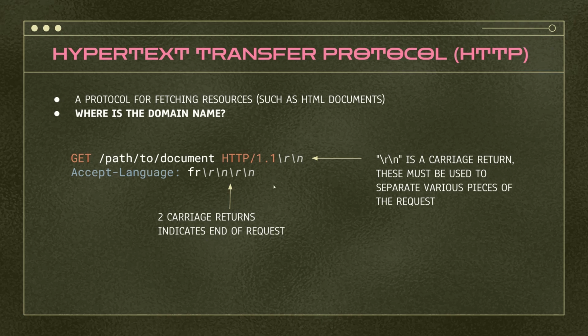These different sections are split up by carriage returns, which is a \r\n. This isn't really that important in your day-to-day life. Usually these things will be taken care of for you by whichever library you're using, but just so that it's not confusing, that's what these are.